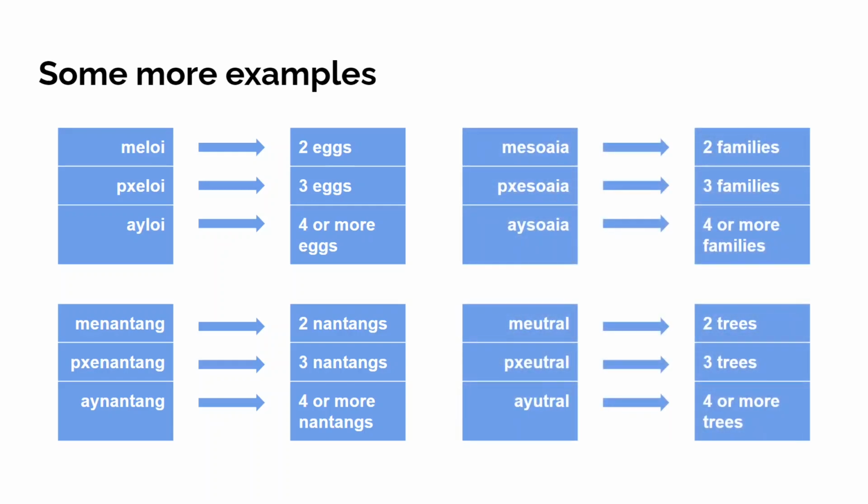Soaia is a family, so mesoaia would be 2 families, pxesoaia would be 3 families, and aysoaia would be 4 or more families. And lastly, utral is a tree, so meutral would be 2 trees, pxeutral would be 3 trees, and ayutral would be 4 or more trees.